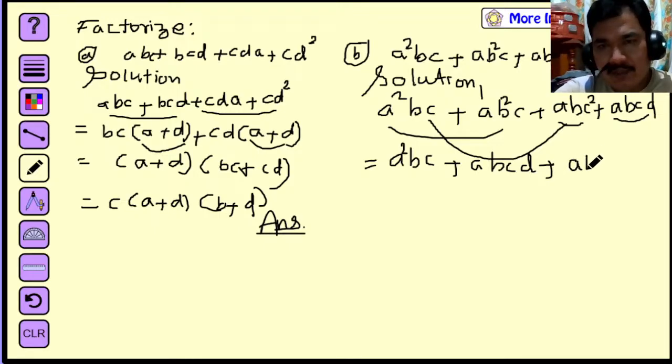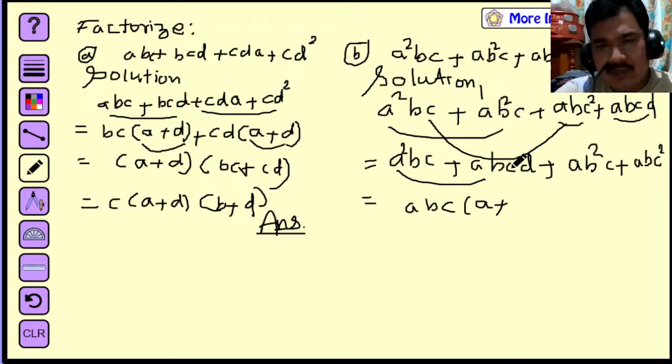Right here AB square C plus right here ABC square, like this. Then see here now, what is common in these two? ABC common, right? And from here A square, that's why I write one A here plus.